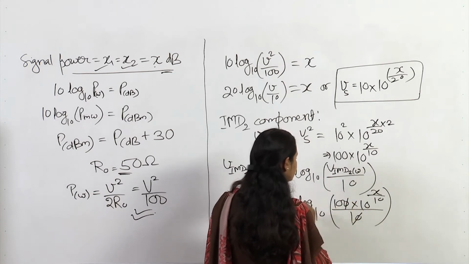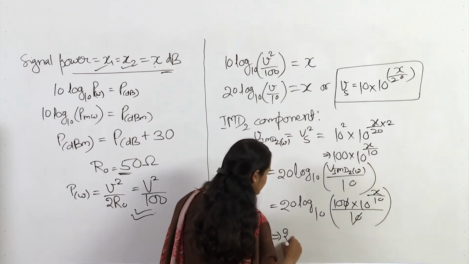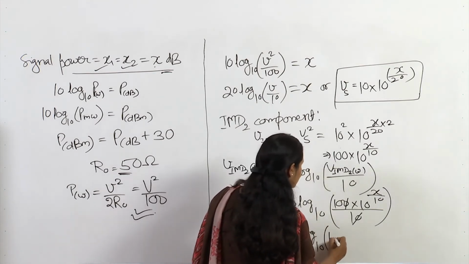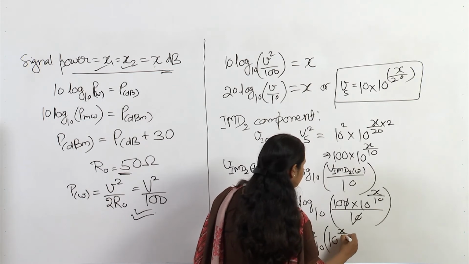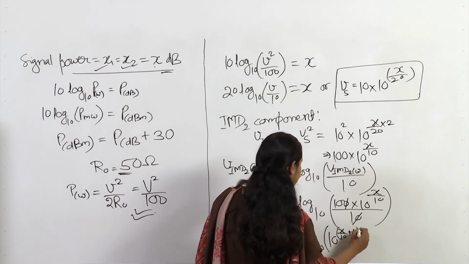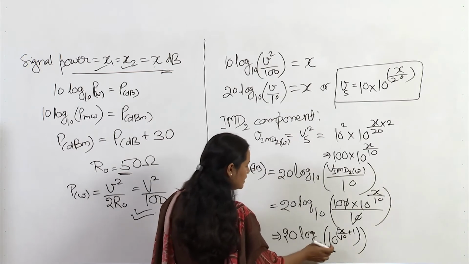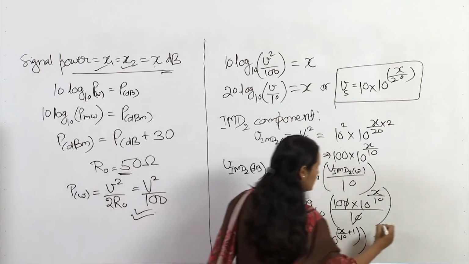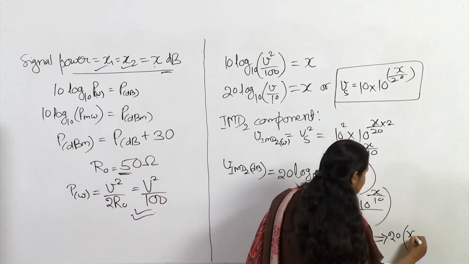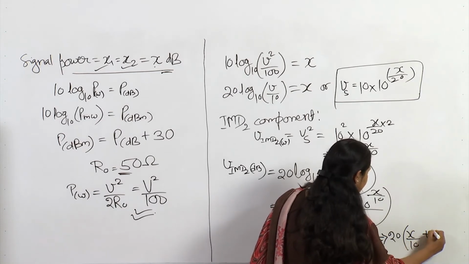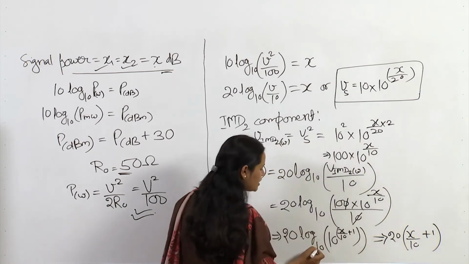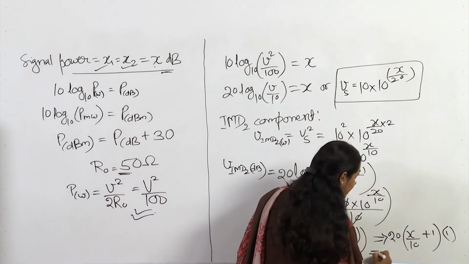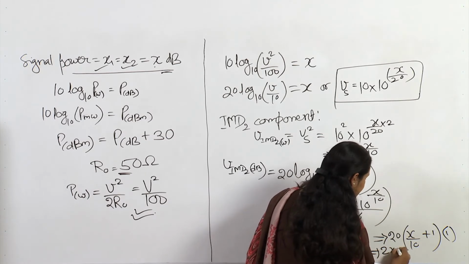It will cancel out one of the tens. It will become 20 log 10 of 10 to the power x upon 10 plus 1. Now, they have the same base. So, if we take it before this, it becomes 20 times x upon 10 plus 1, and this term will be log 10 10, which means 1, right. So, the final expression becomes 2x plus 20.